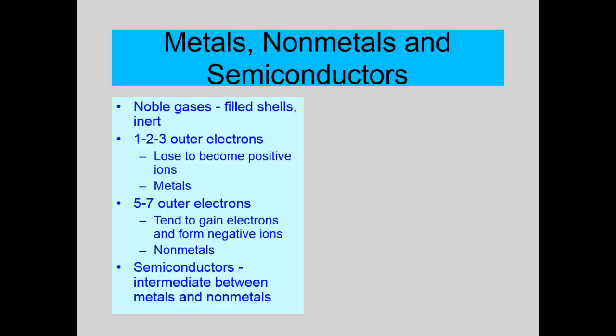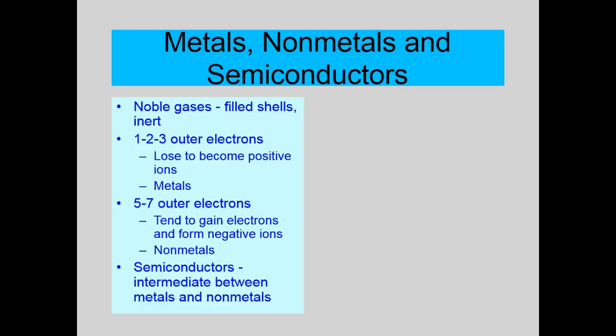Go over to the 1B, 2B, but especially the 3As, aluminum and those also will lose electrons fairly easily. Those are your metals. 1As and 2As are soft metals. You wouldn't think of them as metals, but they are. But all the Bs and the 3As are pretty strong metals.